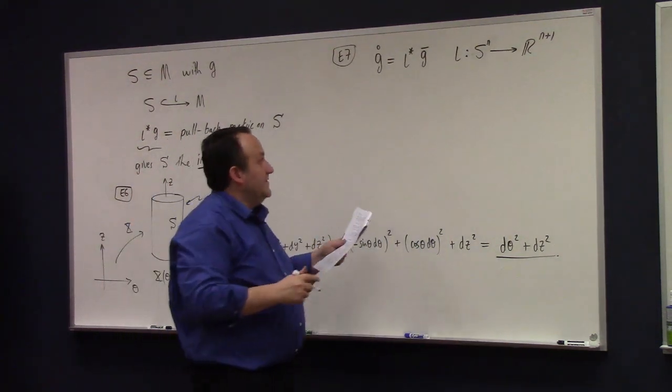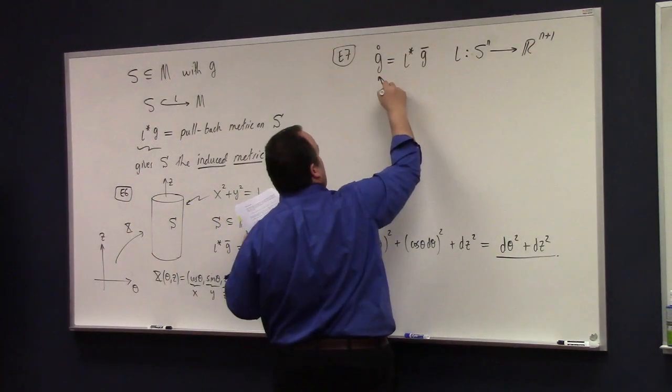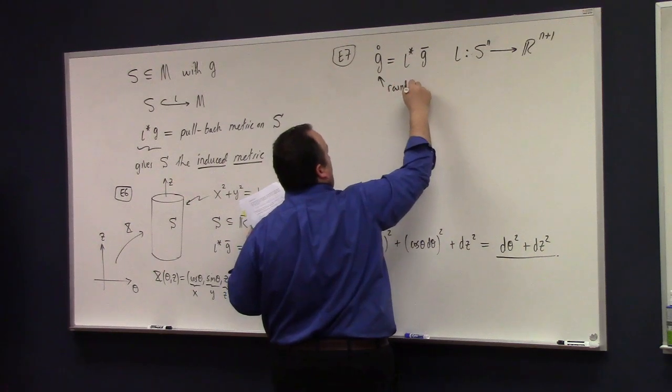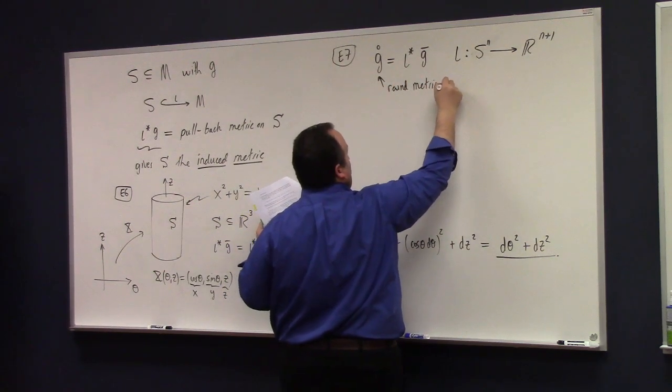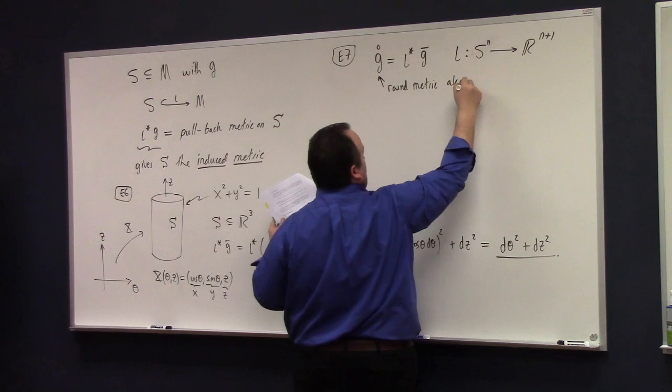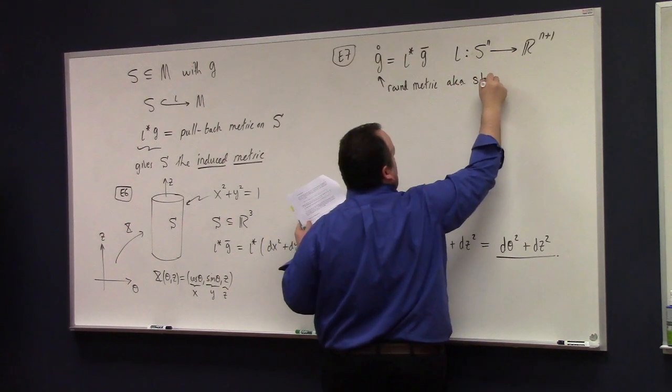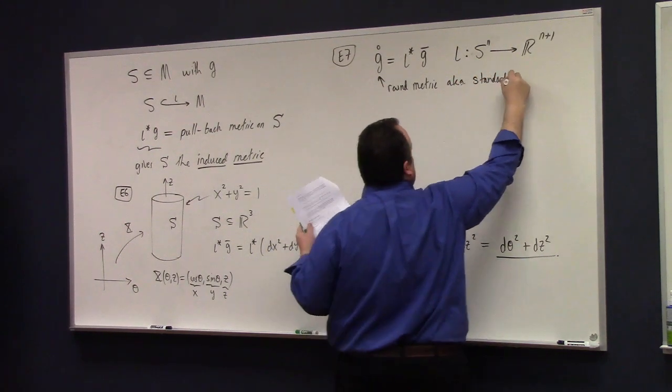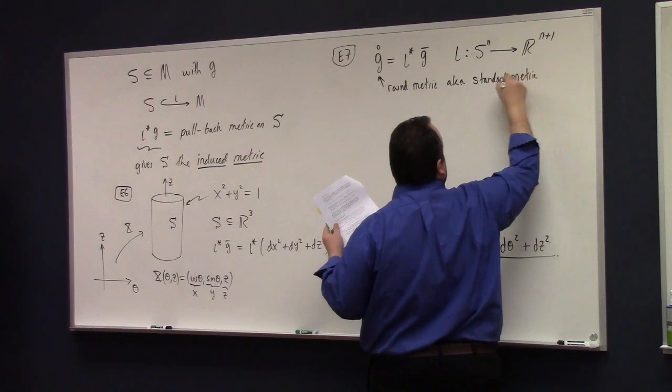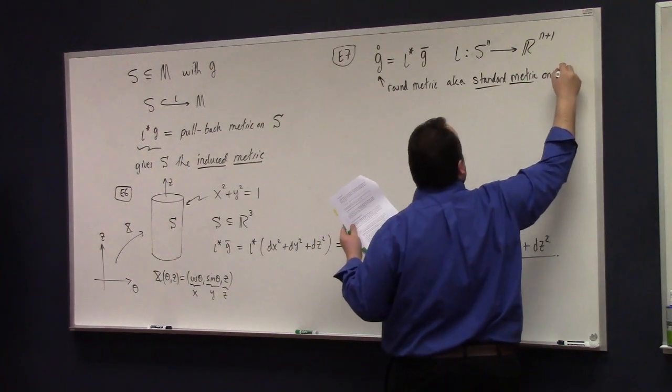And this is the so-called round metric, aka standard metric, on the sphere.